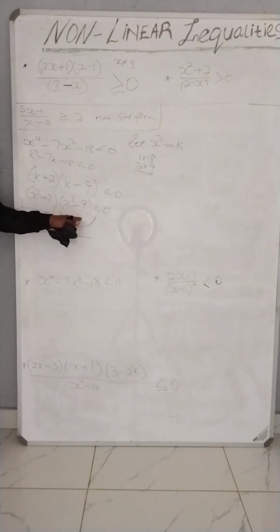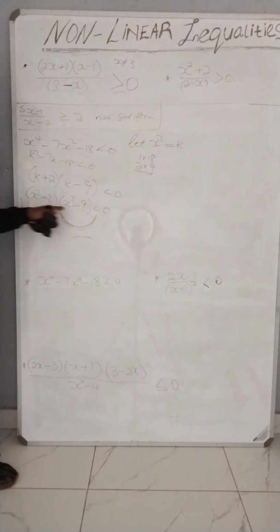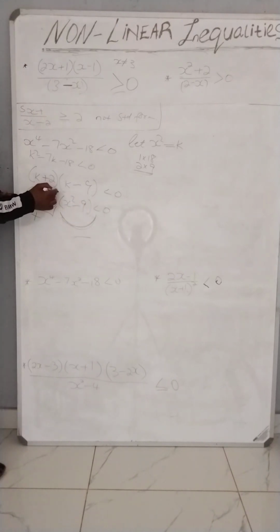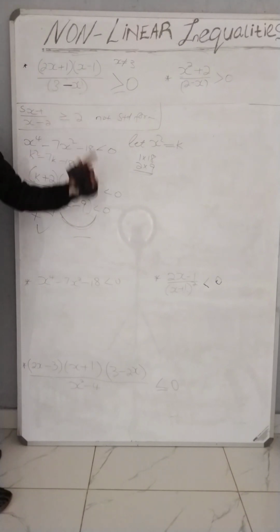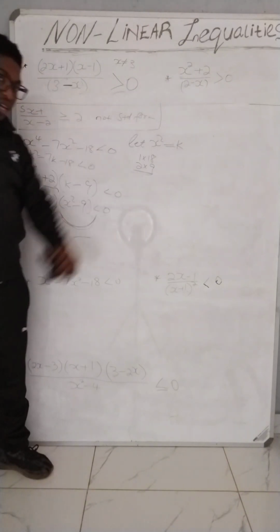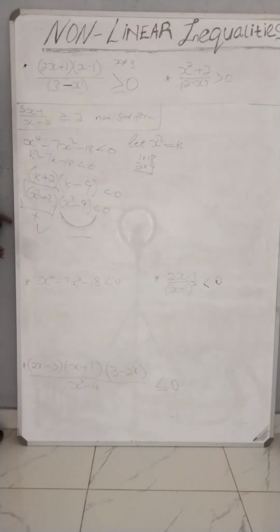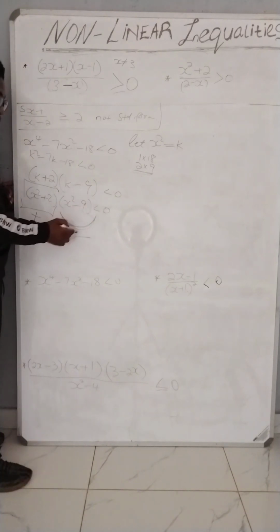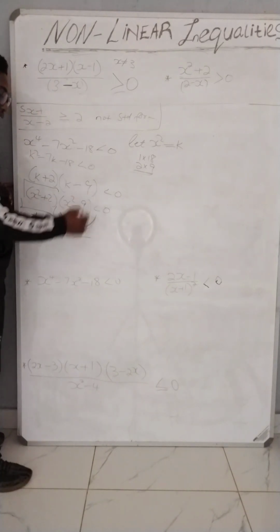But if this is positive and this is positive, you're going to have a positive product, and a positive is greater than 0. But this you can't really do much with, because no matter the value of x, you will always remain with a positive. It's similar to the previous example, similar to that numerator there. So you are not working with this, you are making the other negative.